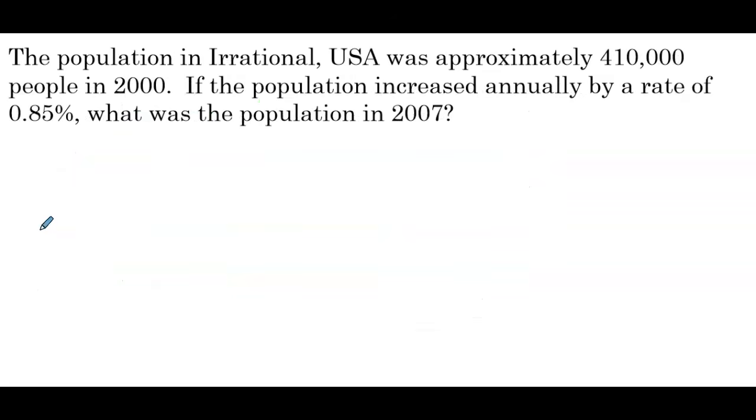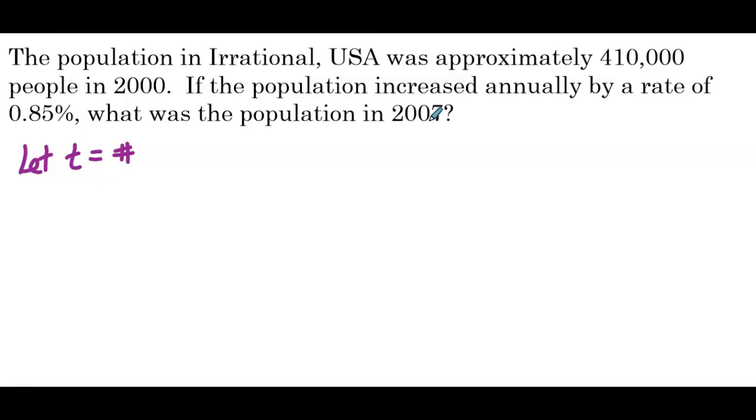The population in irrational USA was approximately 410,000 people in 2000. If the population increased annually by a rate of 0.85%, what was the population in 2007? Okay, so we're going to let t be equal to the number of what?